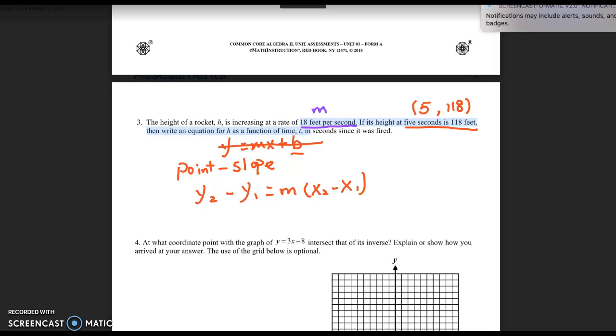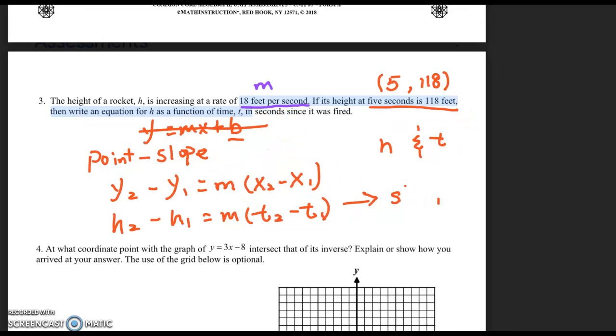Well, in this case, they use t and h. So you may want to use h2 minus h1 equals m times t2 minus t1, where t represents the time. Okay. Now, do we have enough? I would say yes. But in the end, as we did many times already, you are going to write it in slope-intercept form.